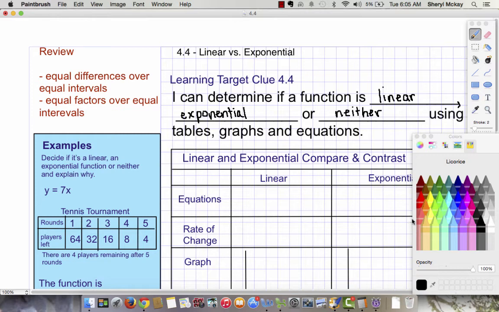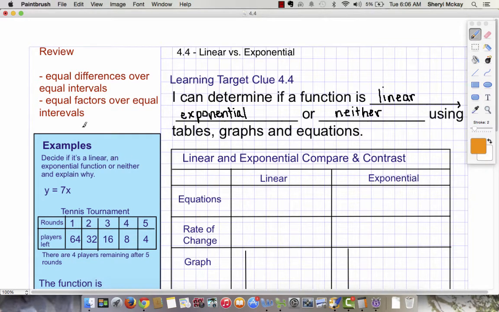So let's start by first just taking a look at a review of what a linear function is and what an exponential function is. So a linear function is equal differences over equal intervals, right? Equal differences over equal intervals.